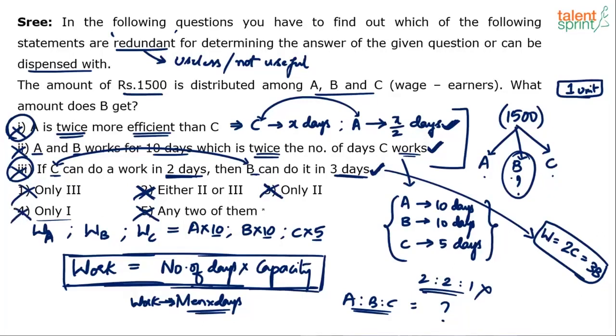The answer to this question is none is redundant. Because to find out the ratio, both 1 and 3 are required. So none of the statements is redundant. All the 3 statements are required.